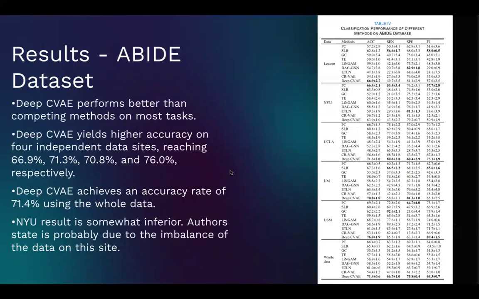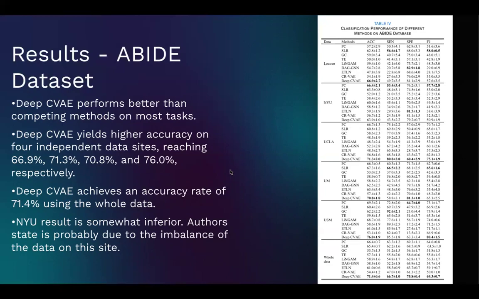And so for the ABIDE data set, there are, I think, 6 different sites, or maybe 5 sites. So they did these tests again on all of the sites. And they found that their model was performing better than competing methods on most tasks.